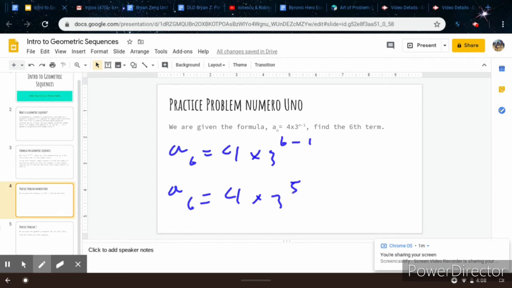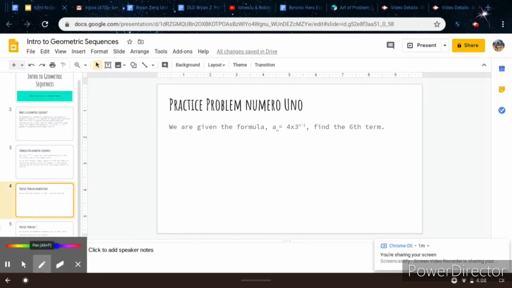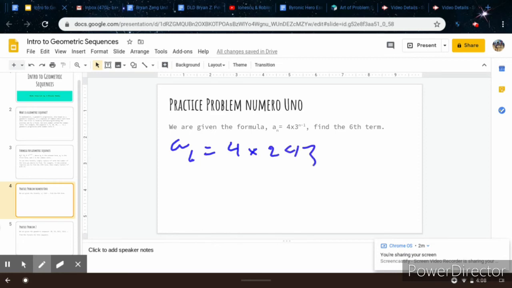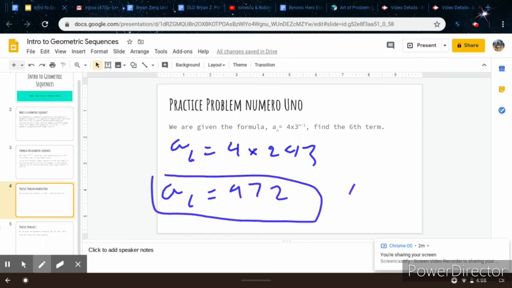We know 3 to the 5th is 243, so a_6 equals 4 times 243. Now all you need to do is simply multiply 4 and 243. Our final answer is a_6 equals 972. This is the 6th term.